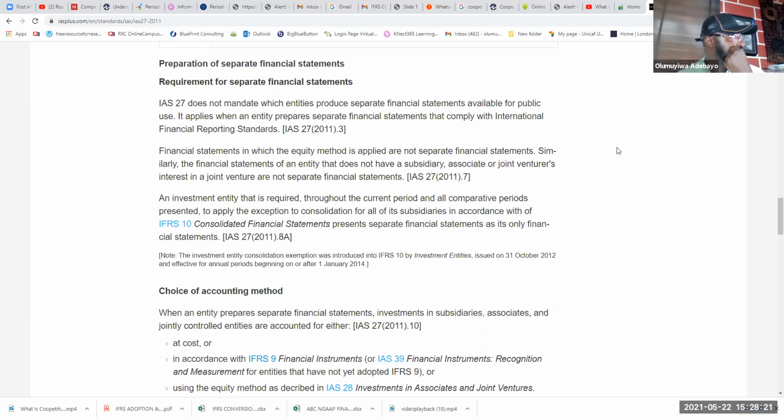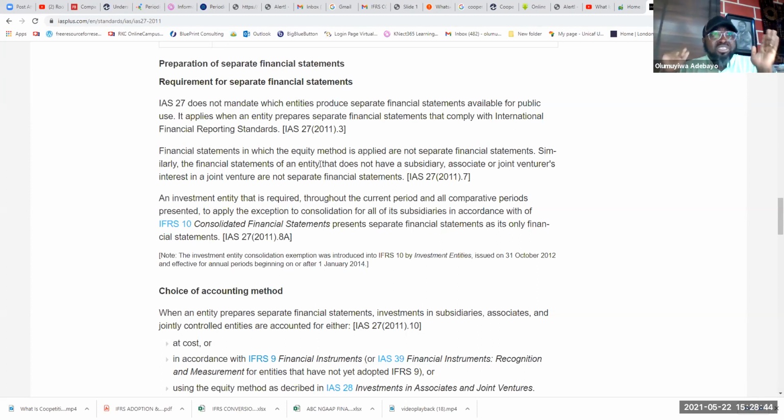Continue. Okay, similarly, the financial statements of an entity that does not have a subsidiary, associate, or joint venture interest in a joint venture are not separate financial statements. Now, can you see the reason why I said individual financial statement or separate financial statement is of an entity that is just on its own? It has no subsidiary, nothing.